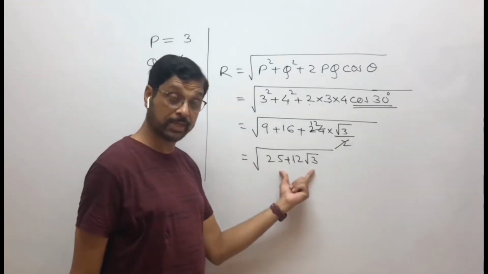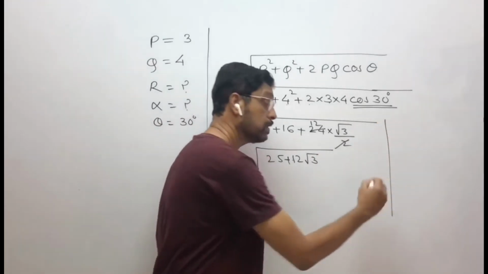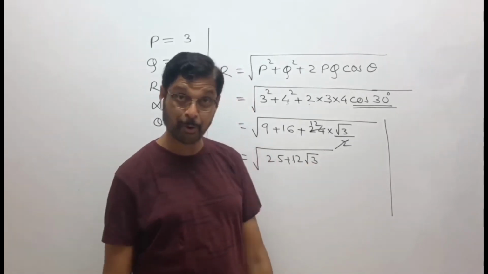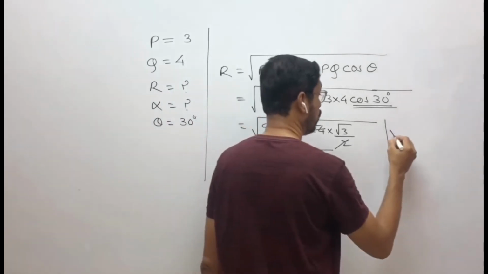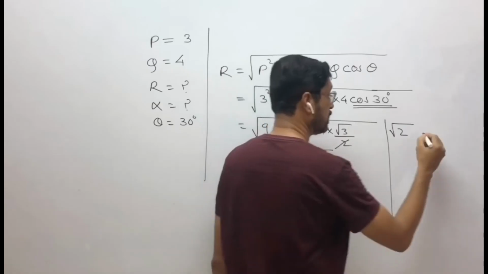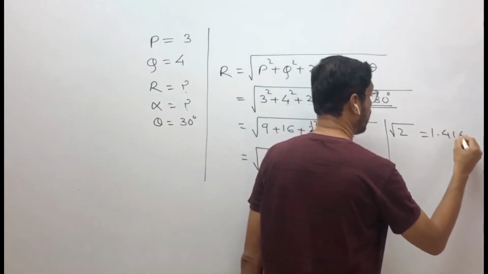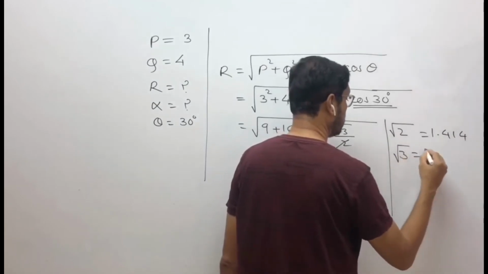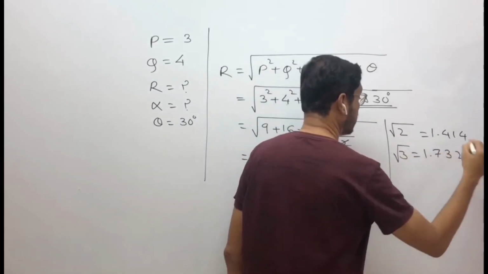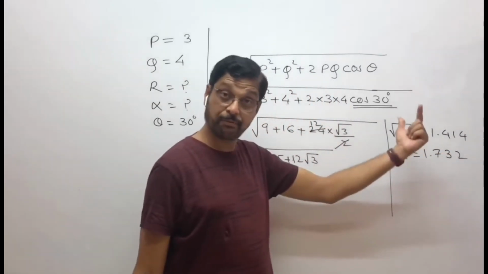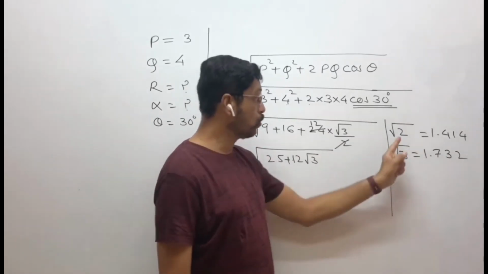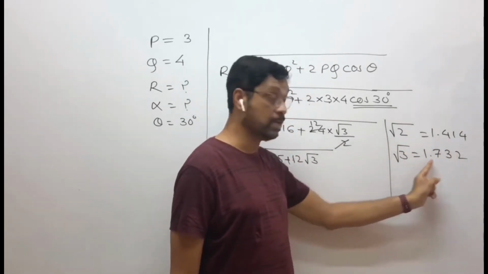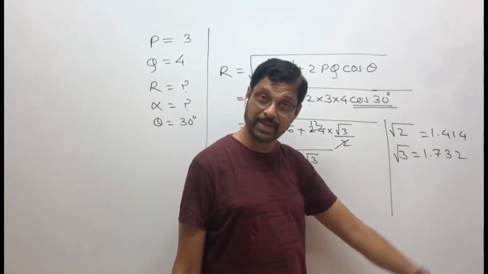Now you have to solve this. कुछ वैल्यूज आपको मालूम होते हैं, मालूम होना चाहिए. जैसे root 2 is 1.414 and root 3 is 1.732. Because these are frequently used in calculations. तो root 2 की वैल्यू आपको मालूम होनी चाहिए 1.414, root 3 की वैल्यू 1.732.